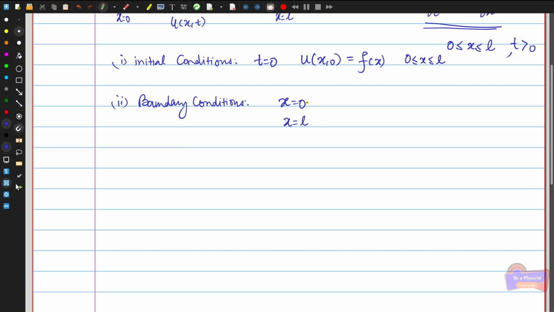So the values given at x equal to 0 and x equal to L are the boundary conditions of the given rod.